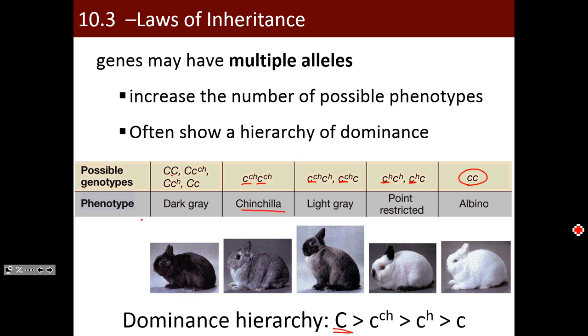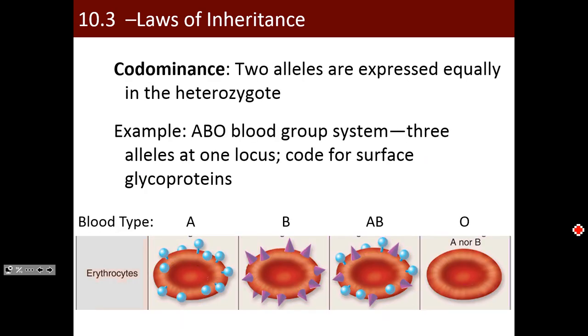Okay. The next thing that we have is codominance. So we have complete dominance, incomplete dominance, and then codominance. And what codominance means is that there are 2 alleles that are expressed equally when you have a heterozygote. The best example of this is in human blood type.